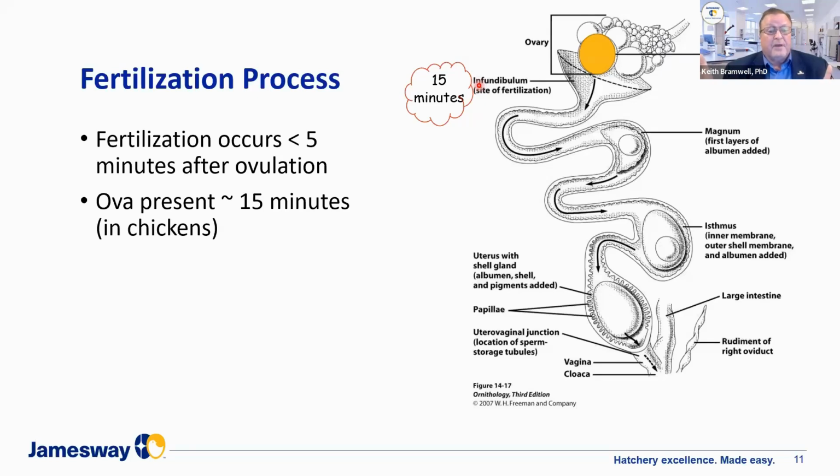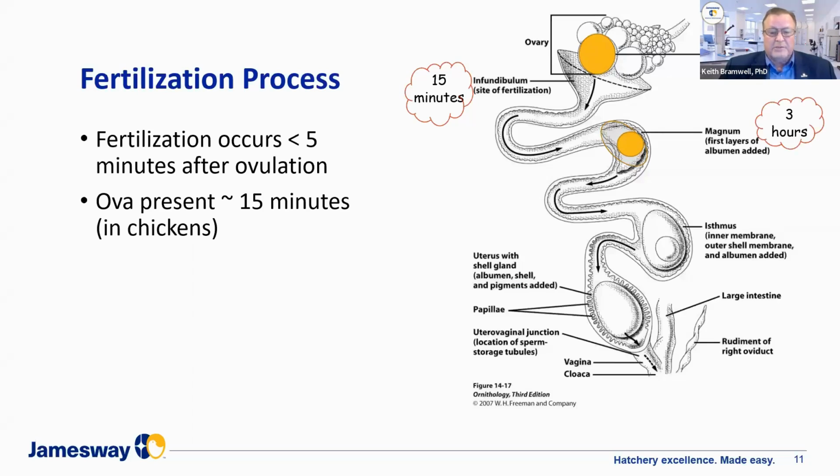Once we get any albumin on there, there's an inhibitor in that albumin that inhibits that acrosome reaction and the sperm process of fertilization. So then we move on to the magnum, where the first layers of albumin are added.